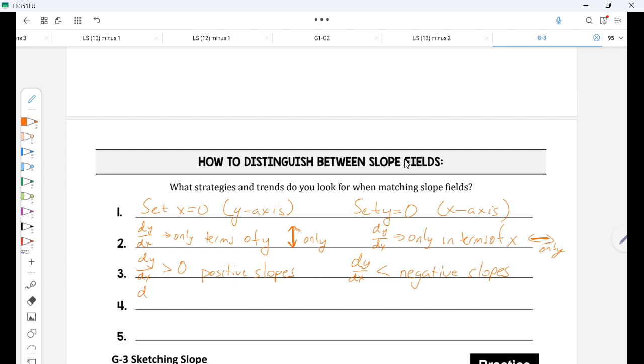And then when dy dx equals 0, we're horizontal. And when dy dx is undefined, we're vertical. So looking at the sign versus just straight up 0 or 0 denominator.